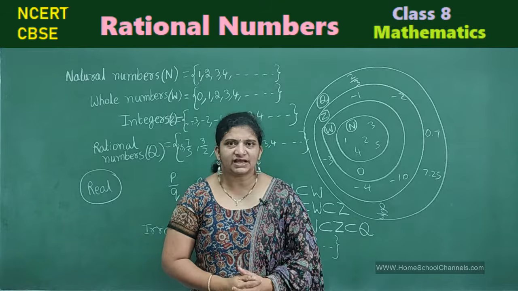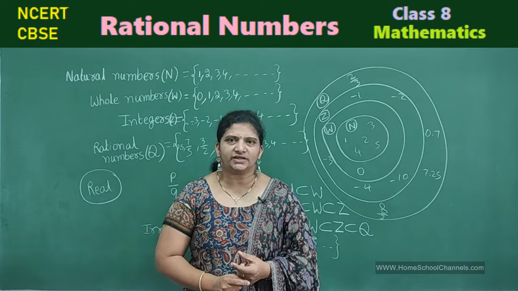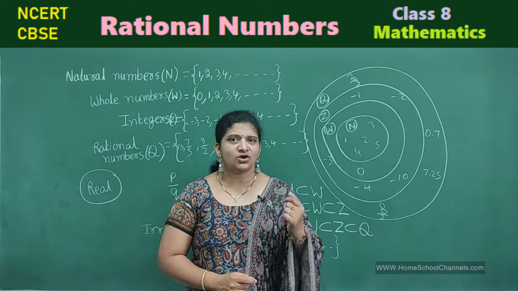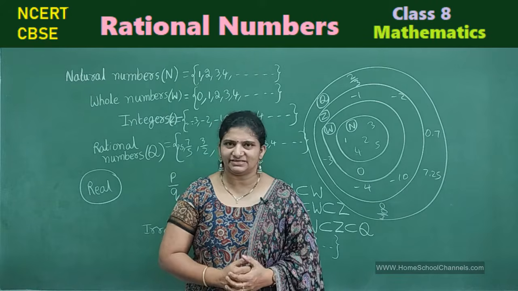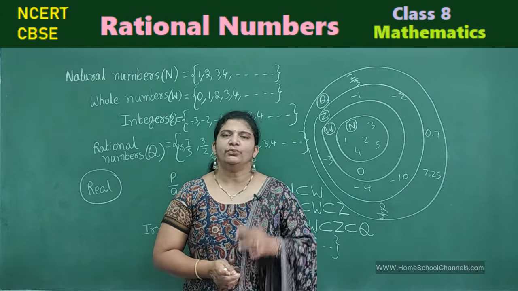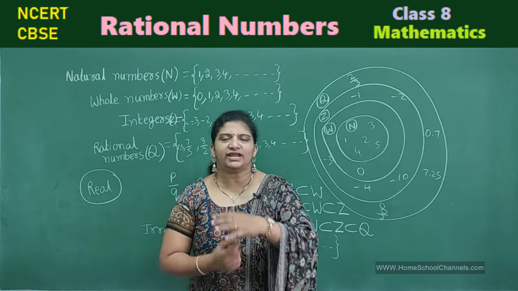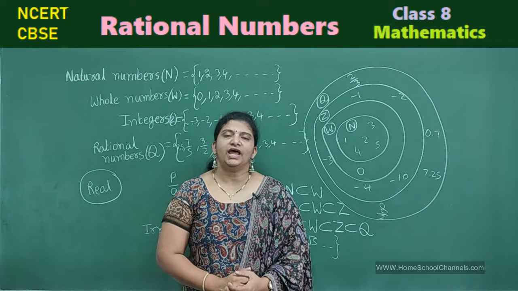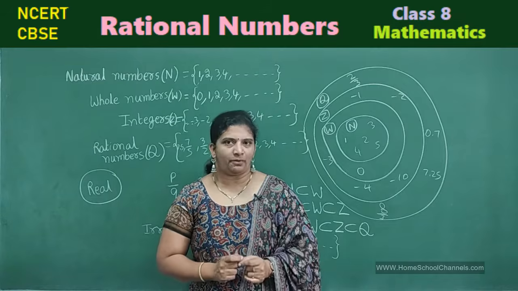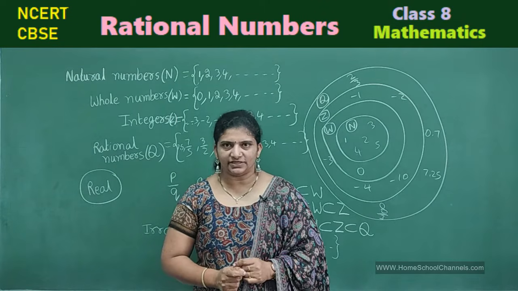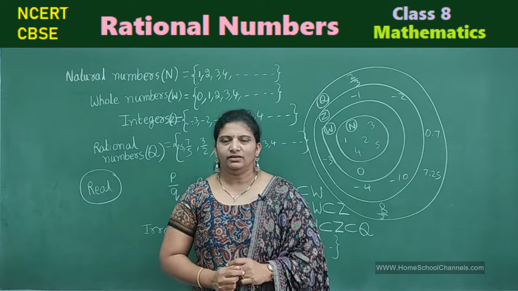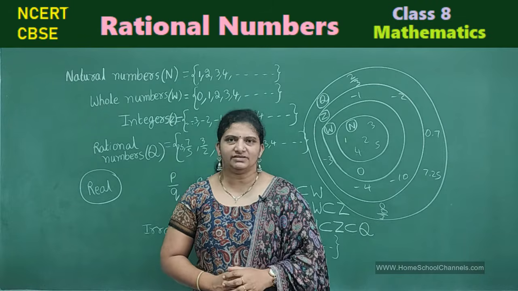In our previous classes, we have applied these properties for natural numbers, whole numbers and integers. Now in this year, we are going to have a recap of all the numbers along with rational numbers.